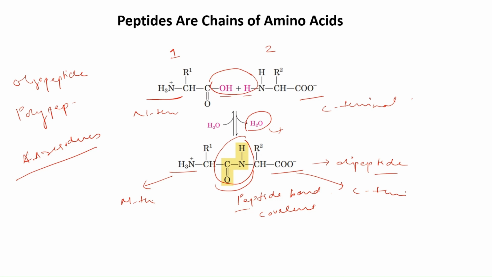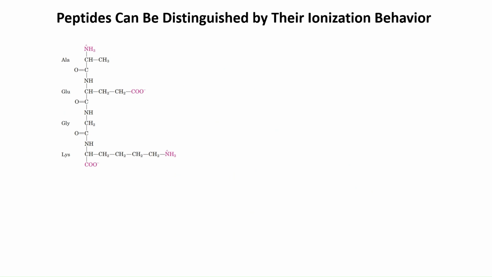Peptides can be distinguished by their ionization behavior. Now this is an example where four amino acids are linked together. What are those amino acids? Alanine, glutamate, glycine and lysine. If we see, this is the N terminal, this is the C terminal. So these groups can ionize as in free amino acids.